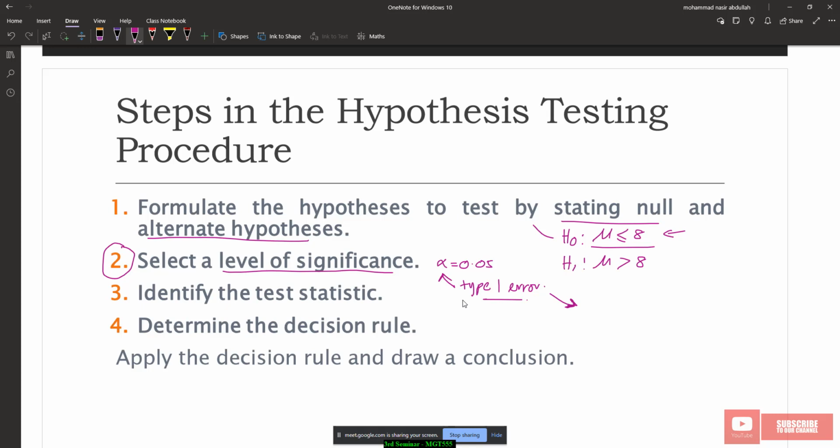So normally in statistics we need to calculate the type 1 error, but usually in social science we are taking 0.05. If you are doing clinical studies, right, normally they are taking 0.01.